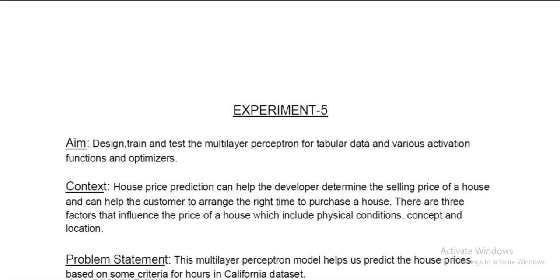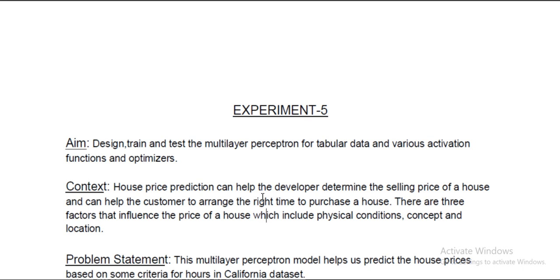Okay, so you can take any tabular data. Here I have taken California house prediction data, quite a popular data set. The context here is to predict the price of a house, which can help the developer to determine the selling price of a house, and it can also help the customer to arrange the right time to purchase a house, right?